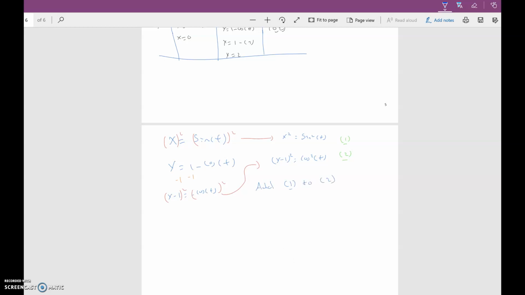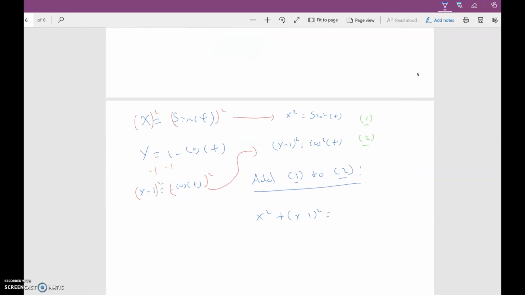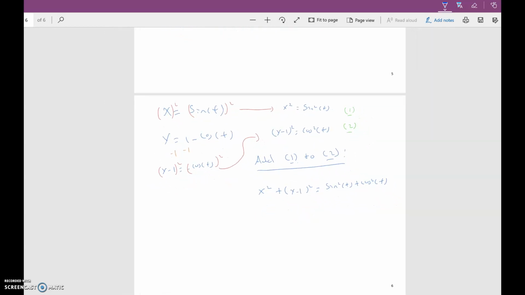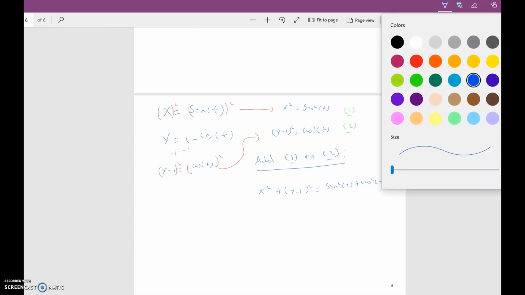1 to 2. And that's going to give us x squared plus y minus 1 squared is equal to sine squared of t plus cosine squared of t. And sine squared plus cosine squared is equal to 1.